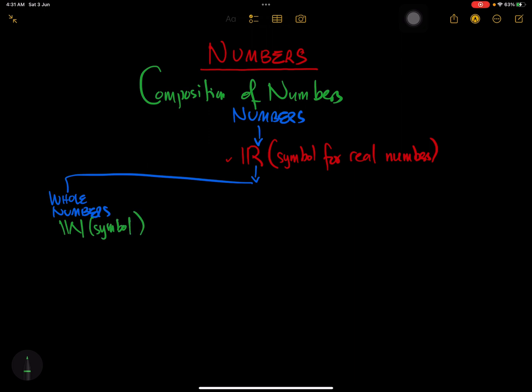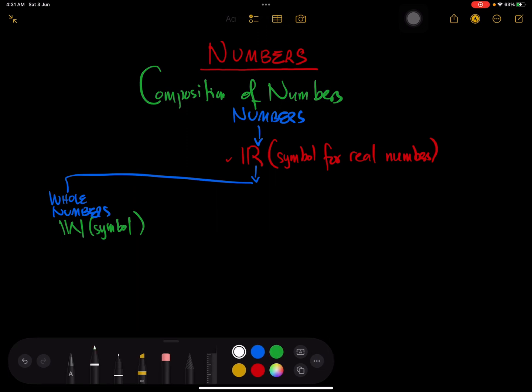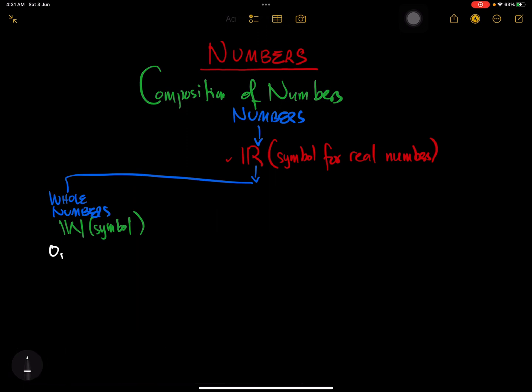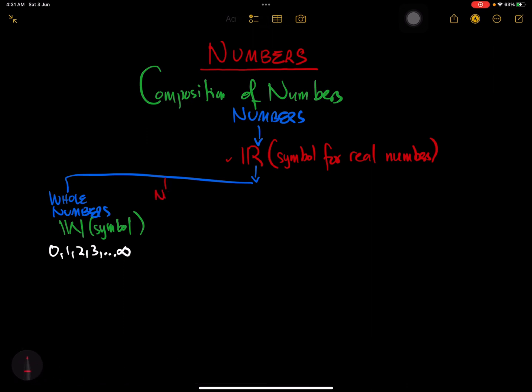And what are whole numbers? Whole numbers are numbers from 0, 1, 2, 3, till infinity. The next group of numbers, which are real numbers, are what we call natural numbers.